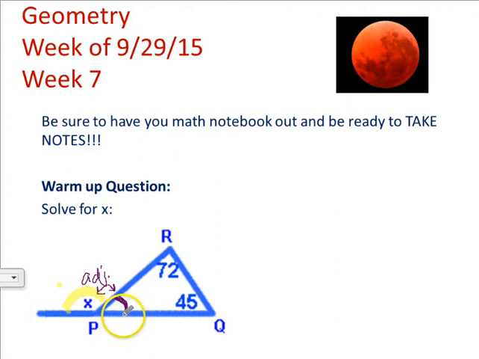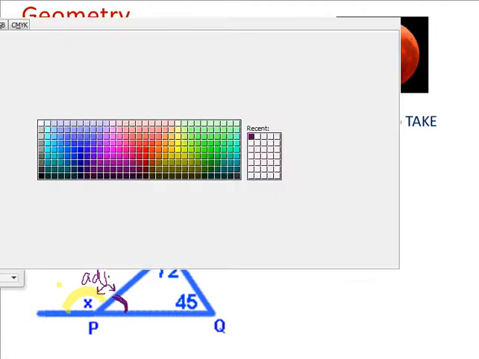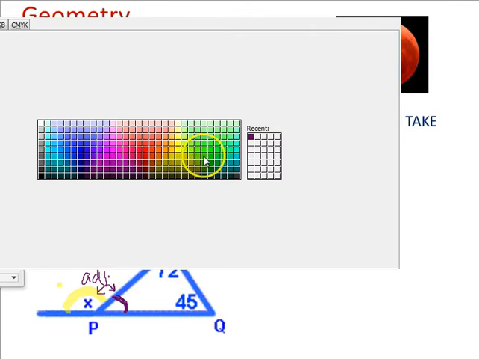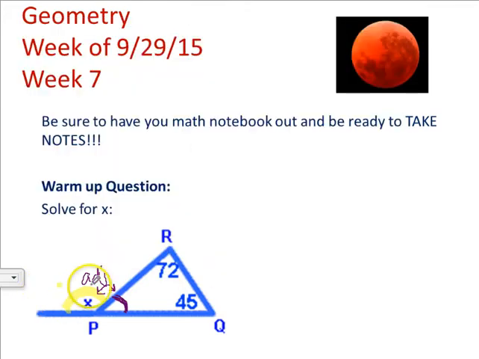So these two angles are adjacent. To use the exterior angle theorem, we want to focus on the exterior angle, as well as the two angles that are within or internal angles of the triangle that are not adjacent. So I've tried to circle the angles that we're referring to in green here.